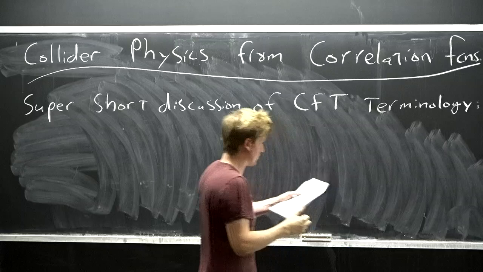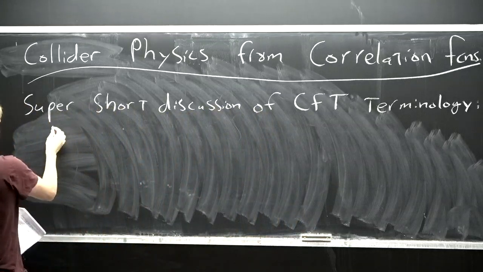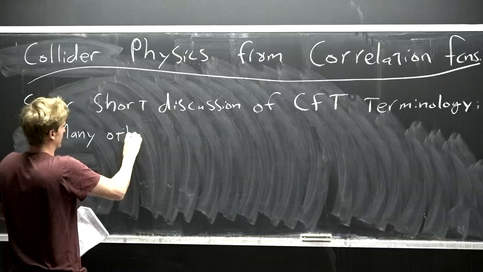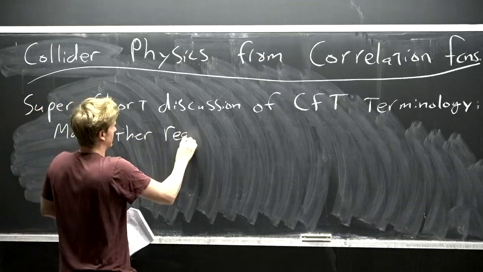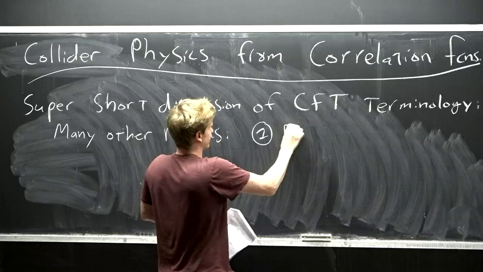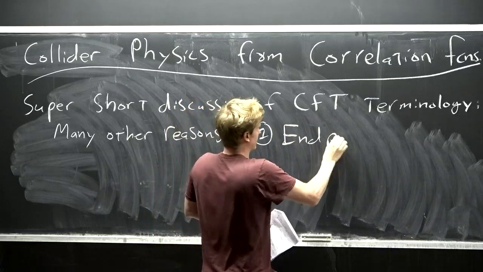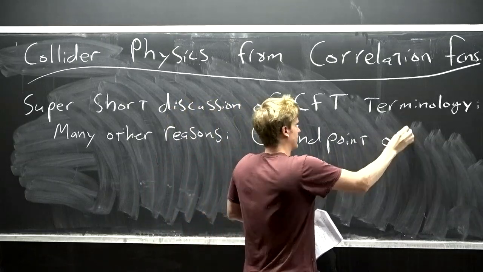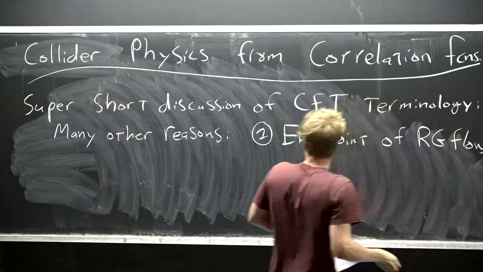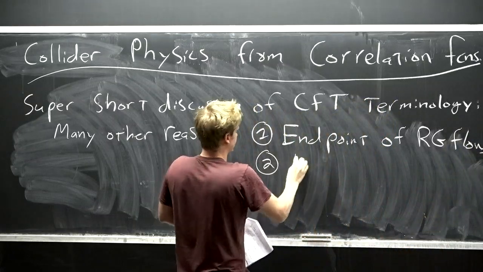And so I should say, there are many other interesting reasons to study conformal field theories. In particular, that they occur as endpoints of RG flows, and for quantum gravity using AdS/CFT.